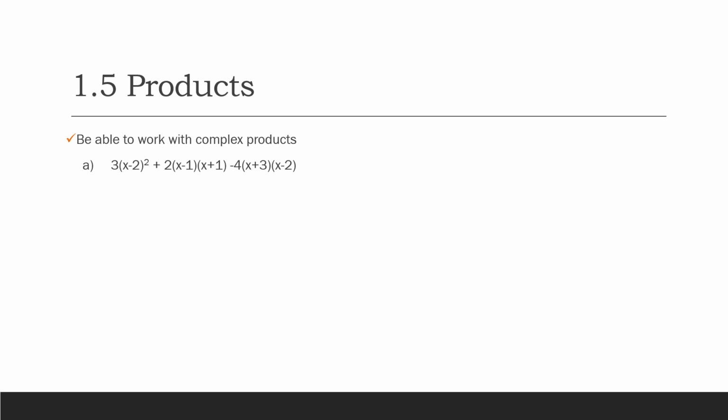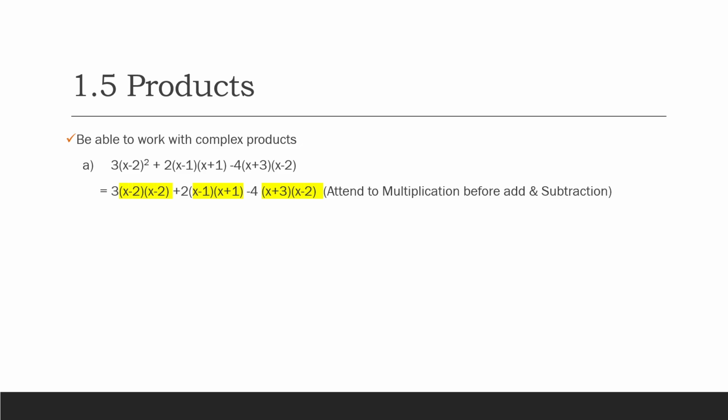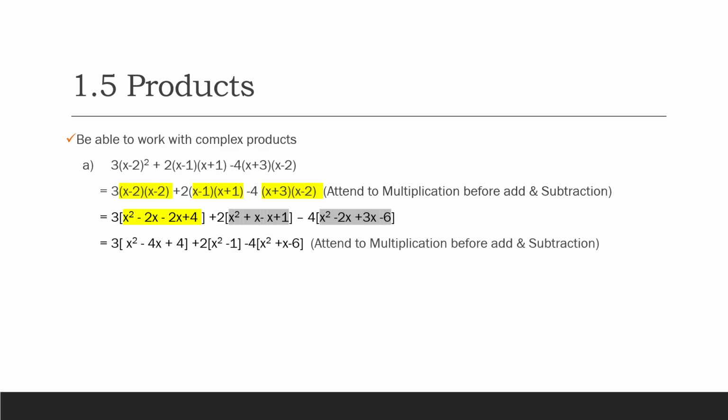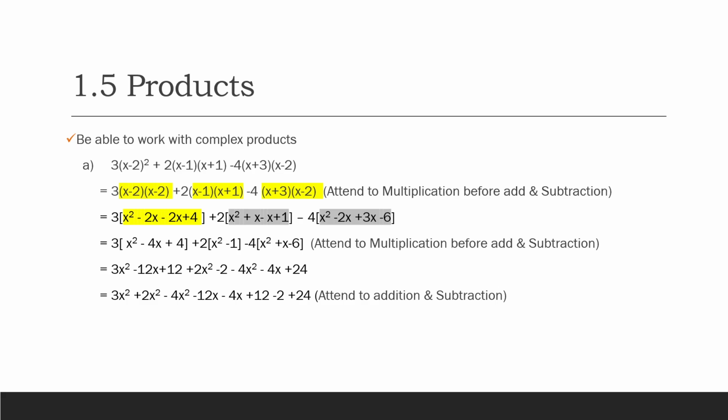Be able to work on a complex product where, like I said earlier, you engage your multiplication, then add like terms, multiply what's remaining, and then continue to attend to addition and subtraction later, and finally get the answer.